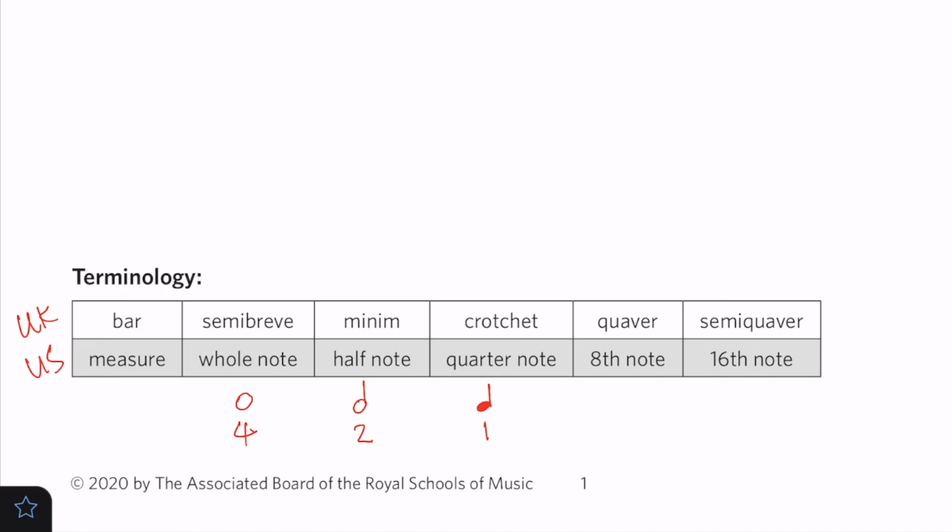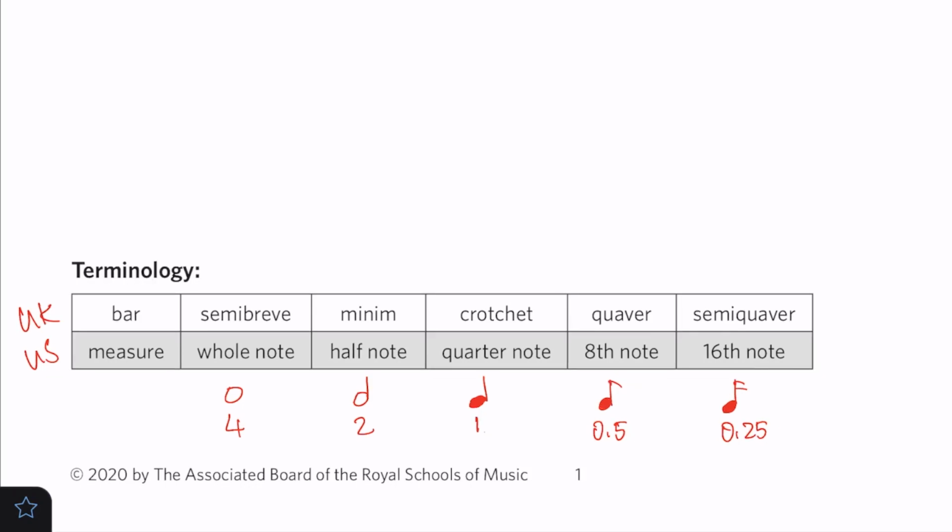Quaver and eighth note is the shaded note with 1 tail and it's 0.5 beat. Semiquaver and 16th note is the shaded note with 2 tails and it's 0.25 beat. Throughout this exam, I'll be using the UK names, meaning I'll be using semibreve to represent the 4 beats note, minim to represent 2 beats, crotchet to represent 1, and so on.